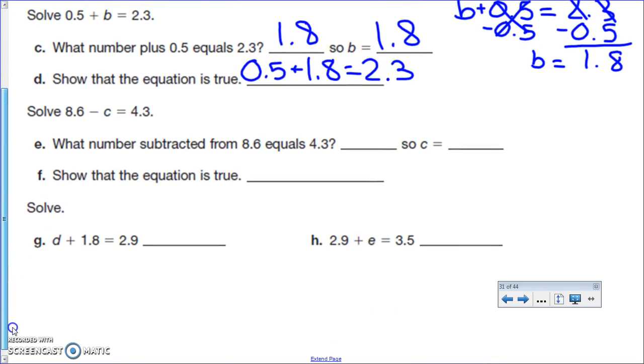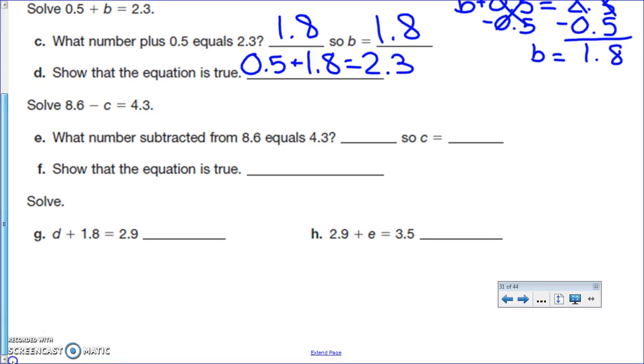For the third one, the variable is being subtracted. So to figure this one out, we're going to take 8 6/10 and minus 4 3/10 to figure out what that missing number is.